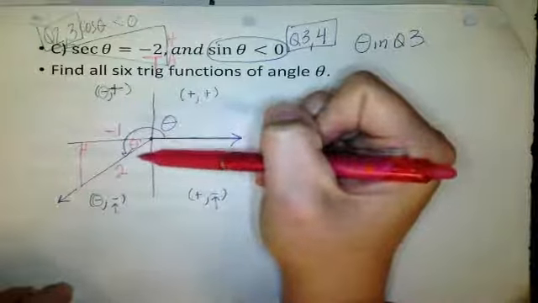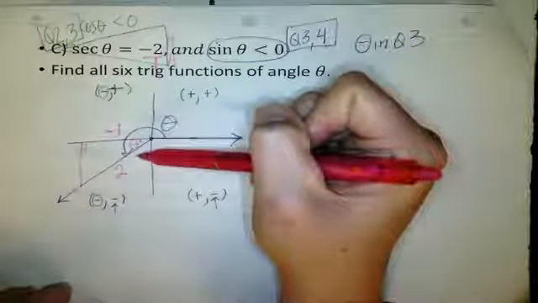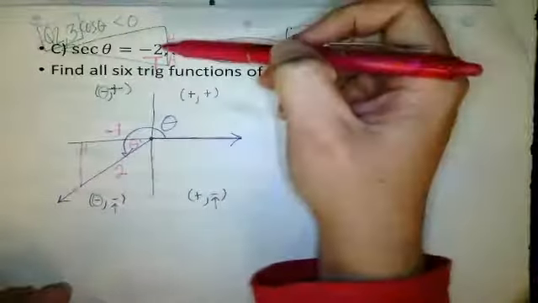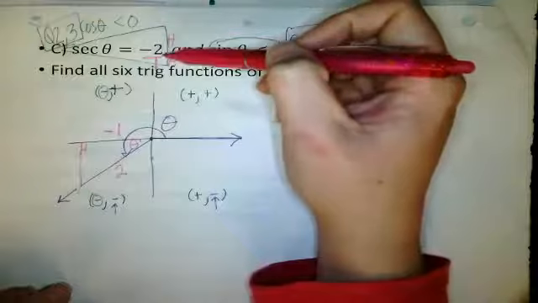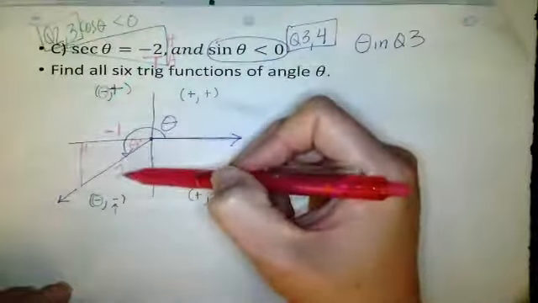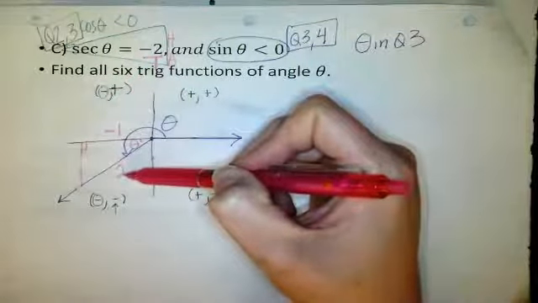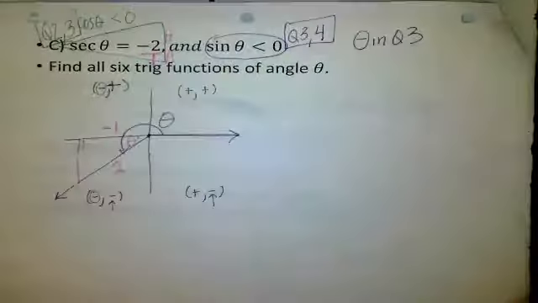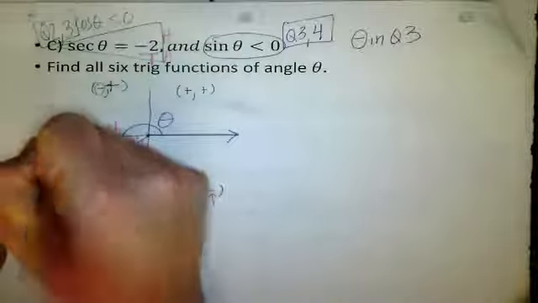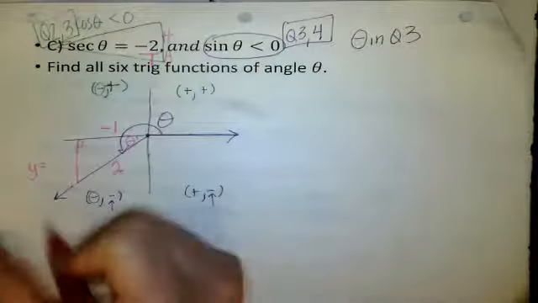Oh, it's tricky. The hypotenuse cannot be -2, right? Which means the negative has to go with the other number. All right, what do we need to do next? Find the opposite side there, the y side. All right.